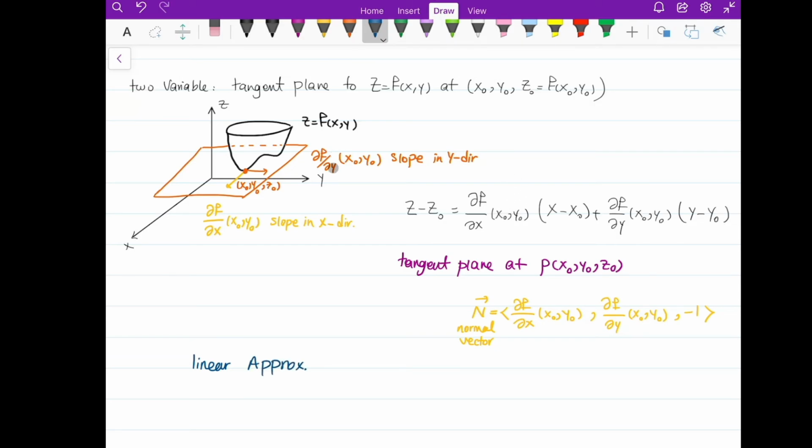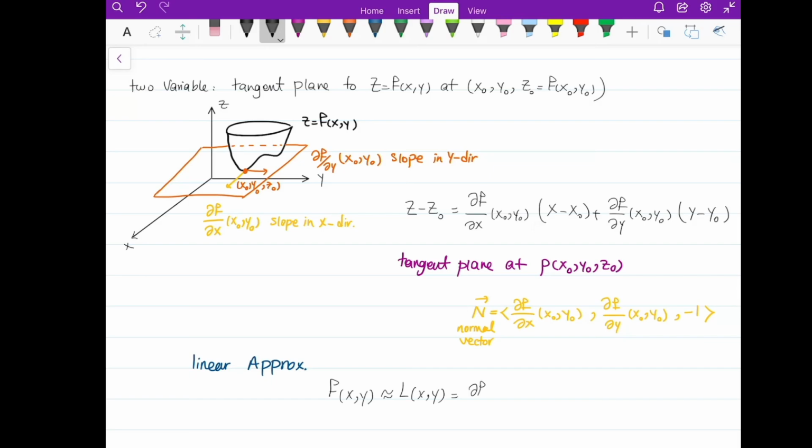Okay, now the linear approximation. If the function f is differentiable, which I'm going to explain in the next video, and the point is very close to the point x naught, y naught, and z naught, then the linear approximation would be this. So the value of f at the point x and y, where the point x and y is very close to this point, is approximately L of x and y. What is L? L, the linear approximation, is exactly the equation in here where I bring z to the other side.